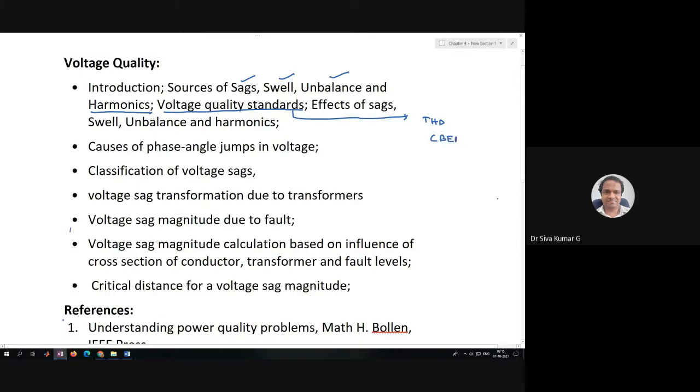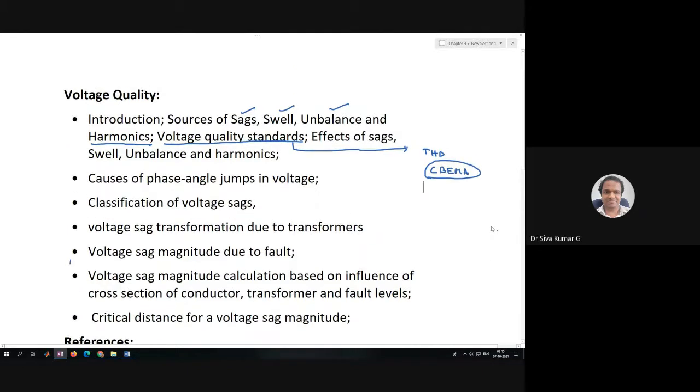While discussing voltage quality standards, we have seen the CBEMA curve. What it shows is that for an equipment to work satisfactorily, it requires a certain voltage with respect to the duration for which that voltage is applied on the equipment. If you see this CBEMA curve, you can better understand it. With respect to duration, they have given this kind of envelope.